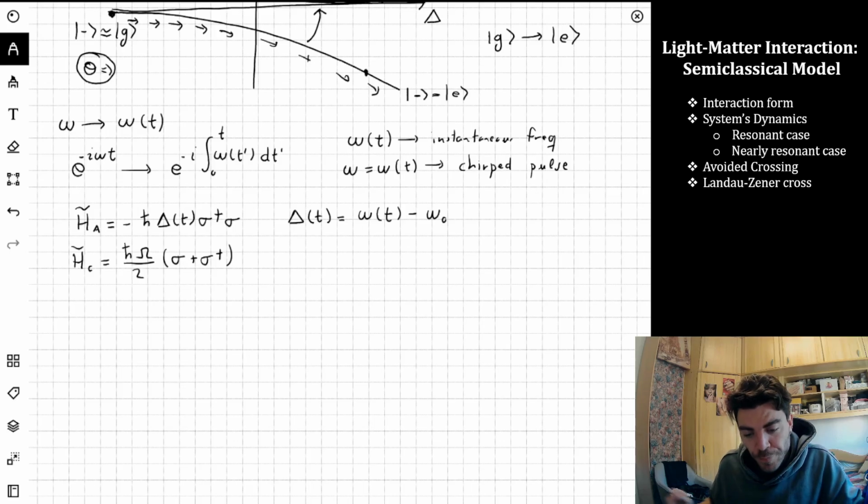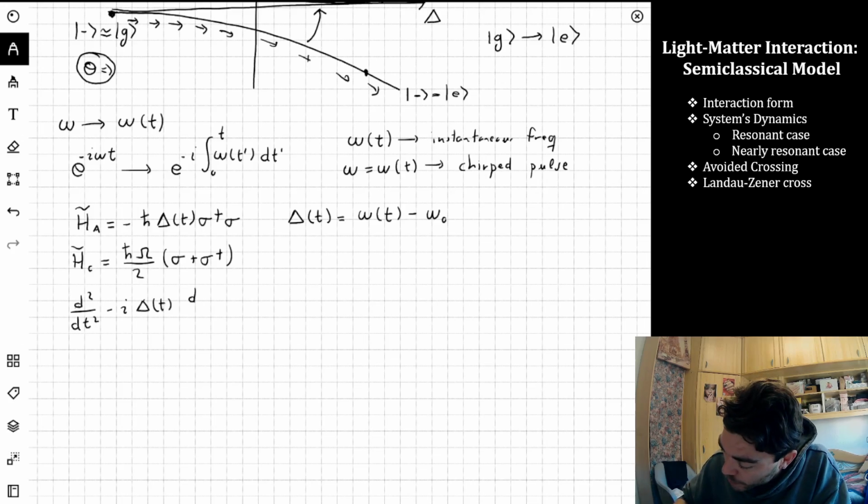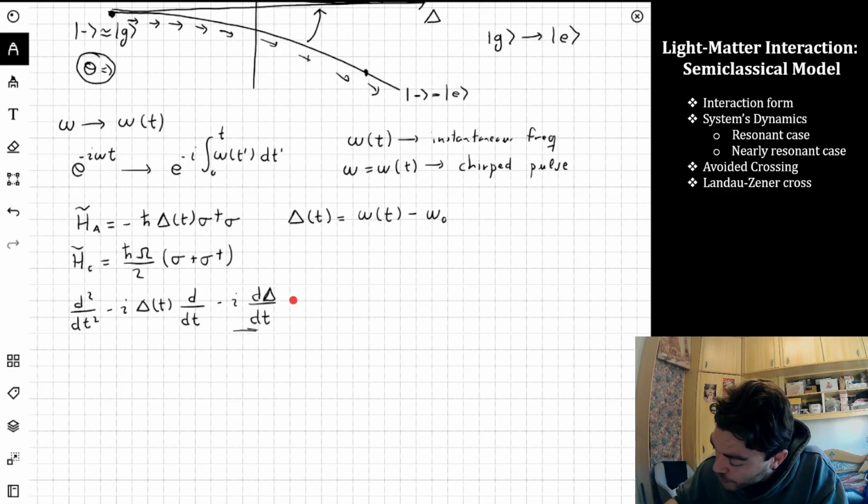Okay. So now one can play the same game and we can write down the equations of motion for the coefficients. So let's try to solve the system in this case when omega depends on time. For example, one would get the second derivative with respect to time of C_E minus i delta times its first derivative, and this is exactly the same equation as the near resonant case, but now delta depends on t. And now one has a new coefficient, which is this one, because now delta depends on t, so there is some derivative of delta with respect to time, which is what we are interested in, how fast we are changing this detuning.